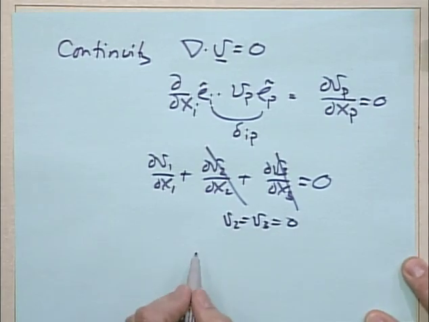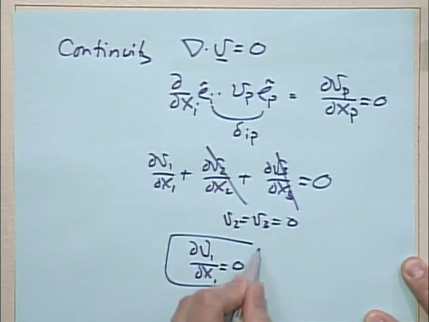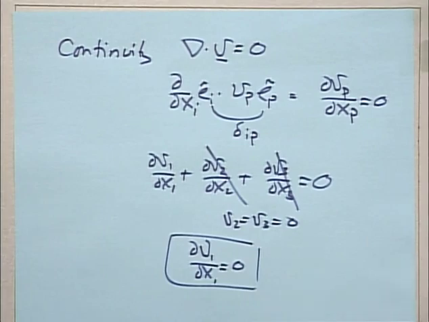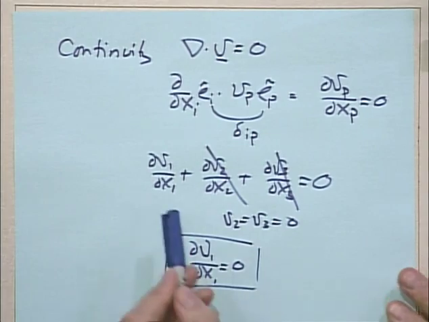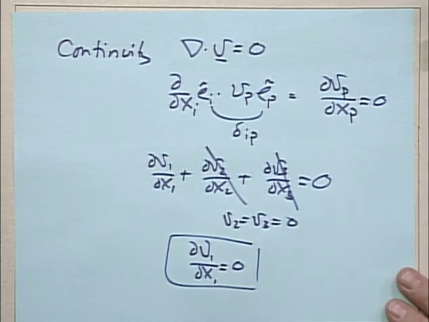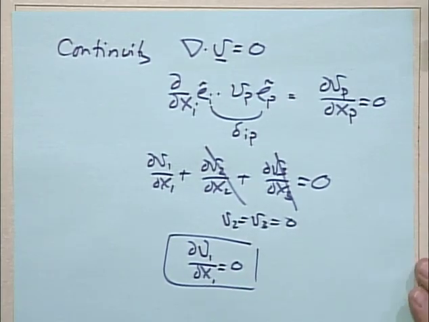So that becomes dv1 dx1 equals 0 as the conclusion. But actually, your way of thinking is very common in fluid mechanics as well. If you examine each term and you see that you can logically say that they're all 0, then you end up concluding that you learned nothing new from the continuity equation. So that's a perfectly valid way to think about it as well. So we either learned nothing, or we learned that the velocity is not a function of the x1 direction.